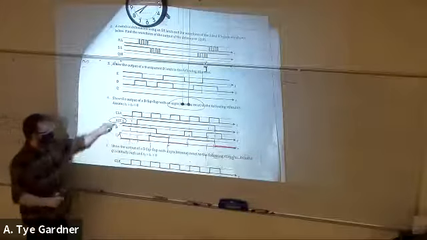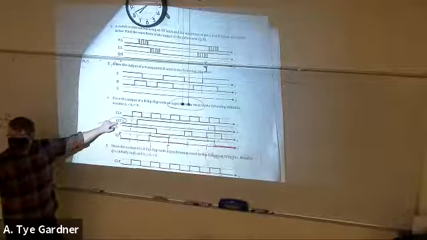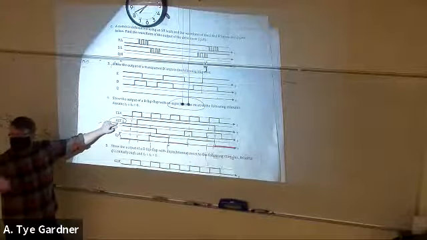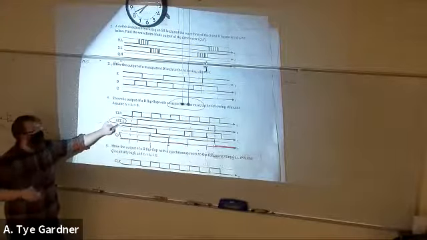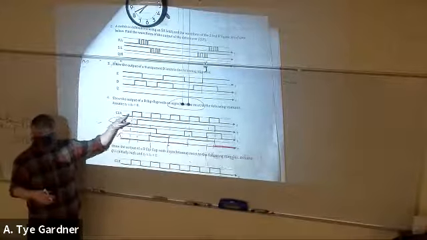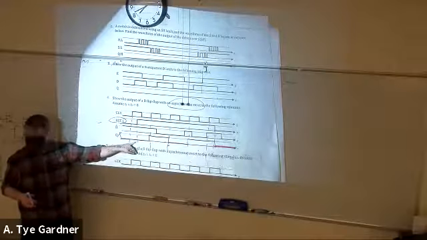So I've reset it to 0, but I can't give it a new value until a clock edge. The only way it gets a new value other than 0 is with a rising clock edge. So here I'm just no longer resetting at this point.